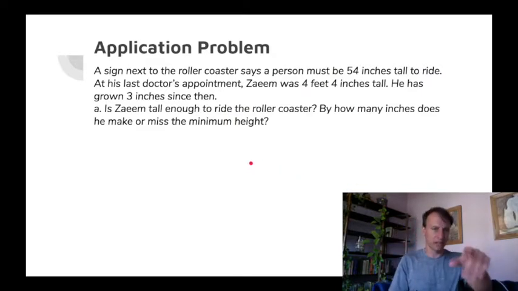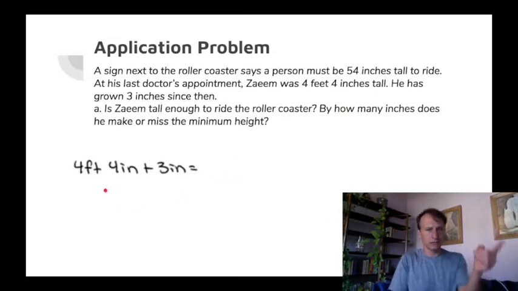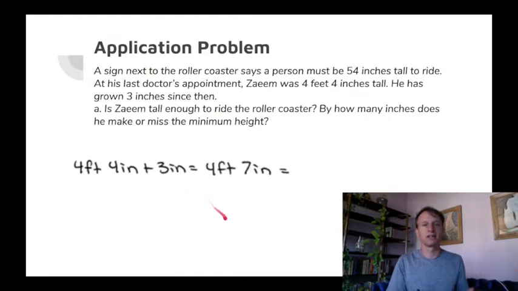All right, well, let's answer that. There will be a B question. Well, let's do A first. Okay, he's 4 feet 4 inches plus the 3 inches makes him 4'7", right? 4 feet 7 inches. Now, this is inches. This is what we're comparing it to. It's just inches. So 4 feet is how many inches?